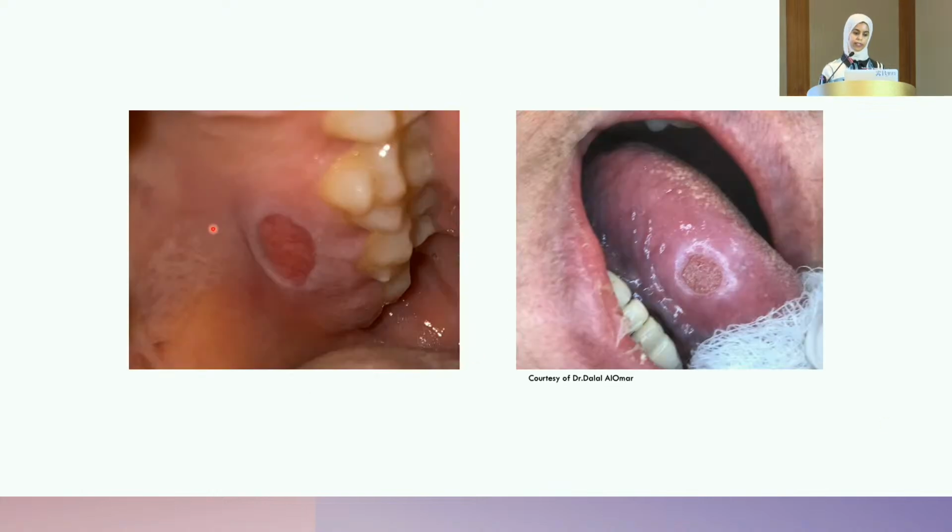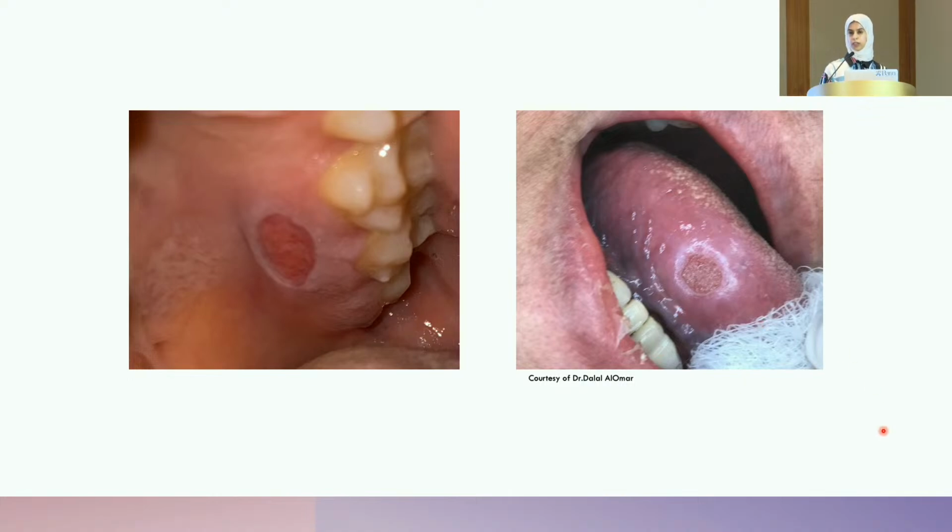This was one of my cases. She was also a young lady. She came to me complaining of pain inside her mouth. She saw different healthcare providers, and some of them were concerned with the appearance of this ulcer, but when we took the history, she did identify a source of trauma shortly before developing this lesion, so we diagnosed her with a traumatic ulcer. Then this was a case of Dr. Dalal Nu'mar. This was an elderly patient who also came to her with what was diagnosed as a traumatic ulcer.